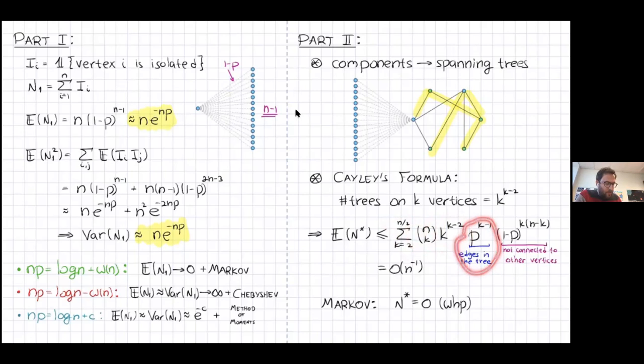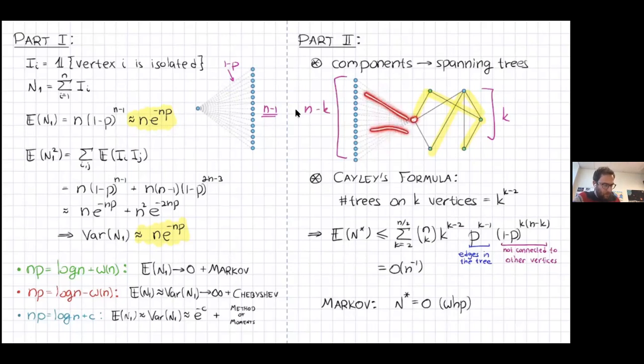You have p to the k minus 1. That's the probability for all the edges in the given tree that you're looking at to be present in the graph. And then you want also for this subset of k vertices not to connect with anything else. So you have k vertices over here, and you have n minus k other vertices, and you want all of these edges not to be present, right?